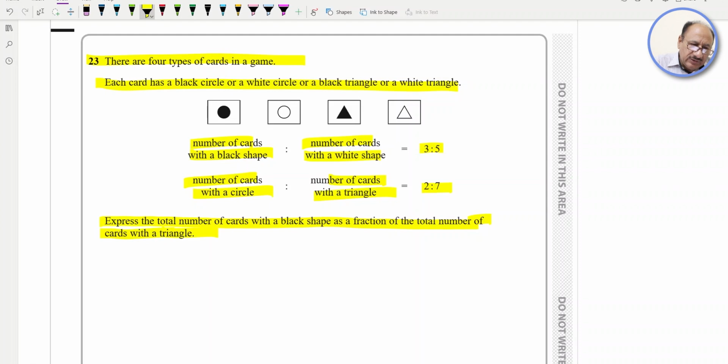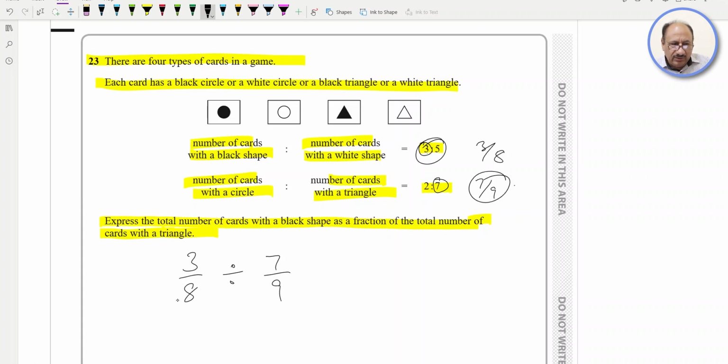So this is basically 3 over, the total number of cards with black shape. So there will be 3 out of 8, divided by the fraction of the total number of cards with the triangle, which are 7 out of 9. We will write 3 out of the sum of ratios, which is 8, and 7 out of 9.